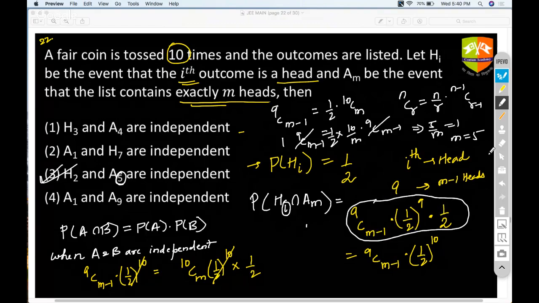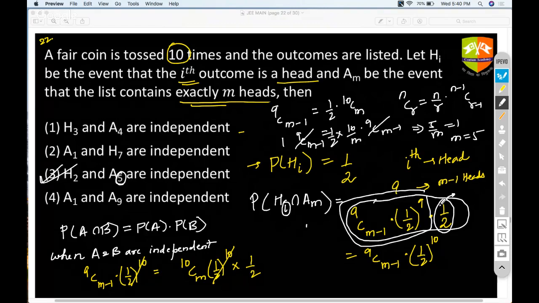Not exactly this. It is without the half expression. This expression. And this half is because you want the ith throw to give you a head. So again, a multiplication of half is required. So the first part deals with getting m minus 1 heads in 9 throws, and the last half denotes getting a head on the ith throw.